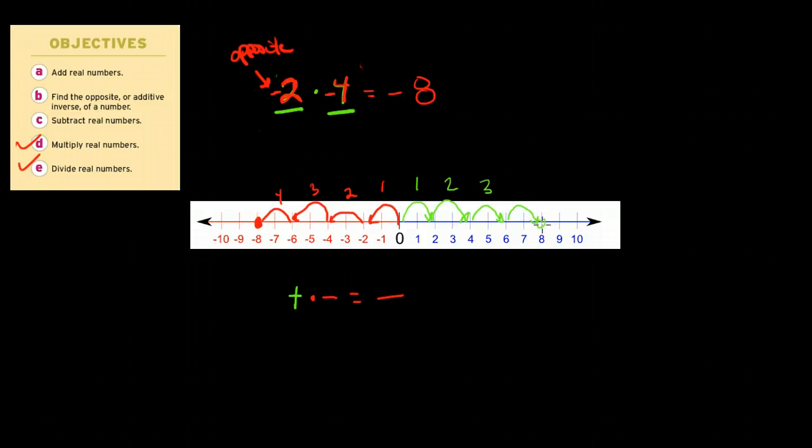And 2 more again, and end up here at a positive 8. So a negative number times a negative number is a positive number. So those are rules for multiplying.